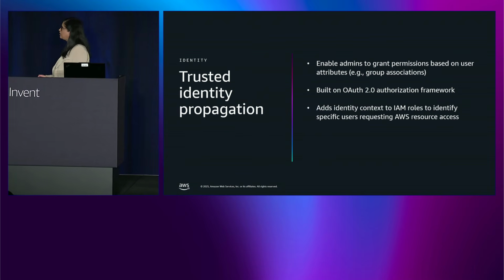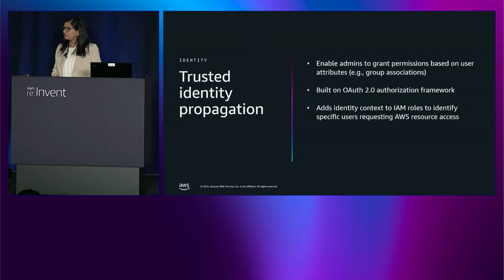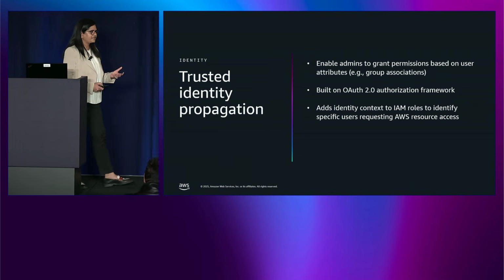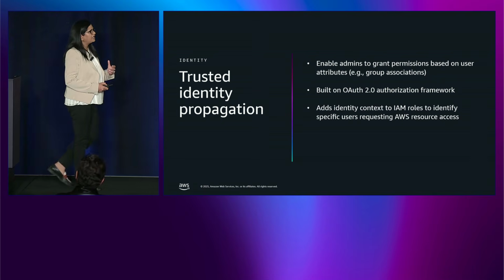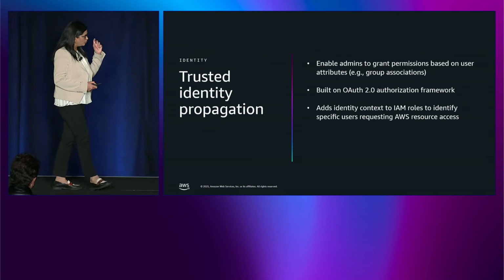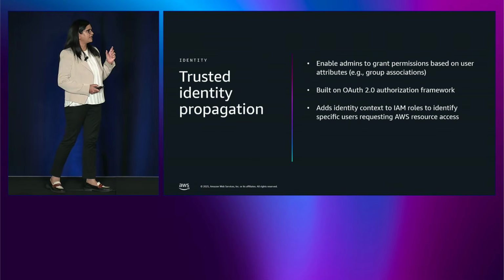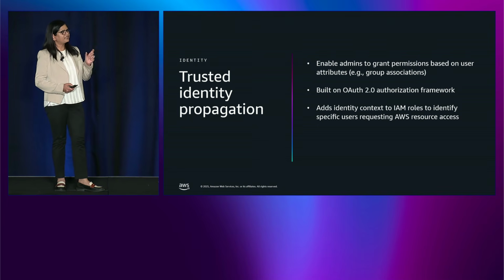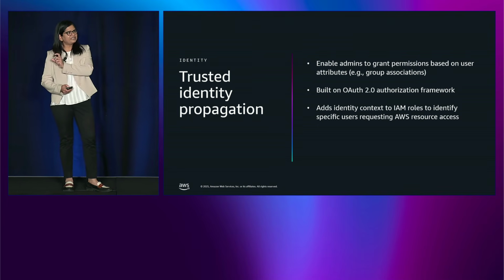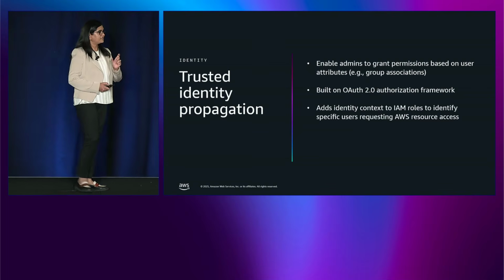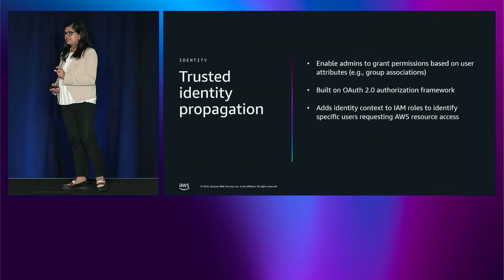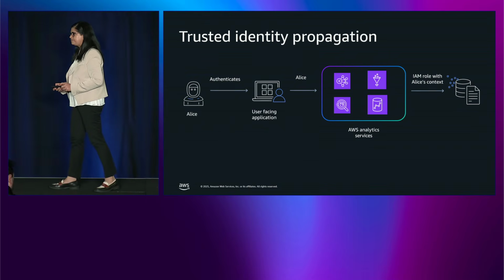It is built on the OAuth 2.0 protocol, and it allows you to add context to your existing IAM roles, and the IAM role with the embedded identity context can be passed to downstream applications and services so that they can either propagate that identity, or if it is the end service doing the authorization, it can authorize based on that identity, right?